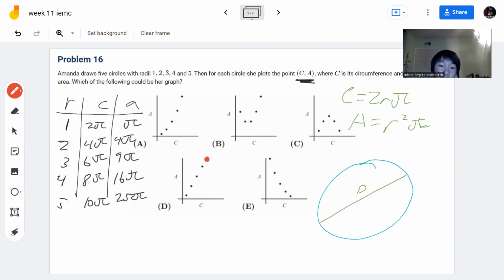For example, D here, it's also pretty similar to A, right? As our C increases, the A also increases, right? But the difference between A and D here is that as C increases, as the circumference increases, the A increases exponentially. So it's increasing more each time, as you can see here, right?